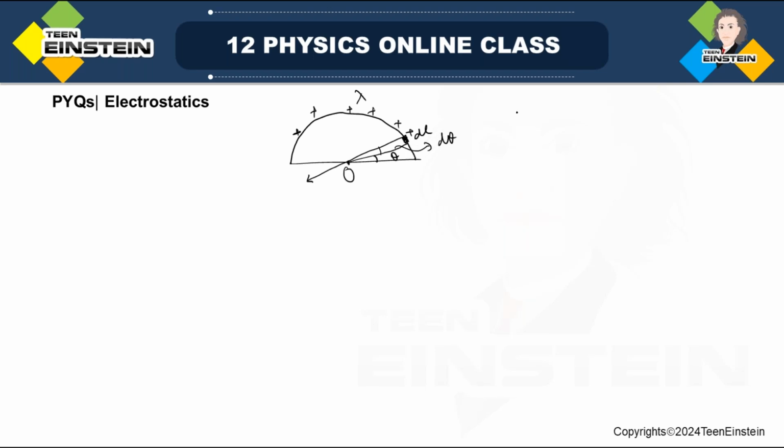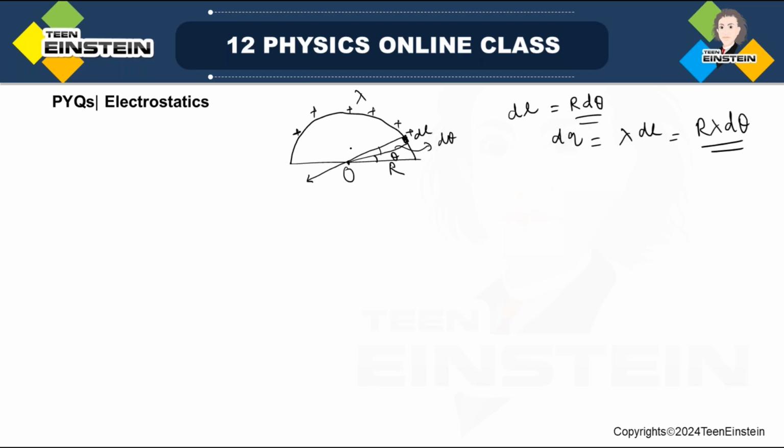So if this is r, capital R, dl can be written as r d theta. So I have got the length. What will be the charge due to this element? That is dq, which can be written as lambda into dl, that means r lambda d theta.